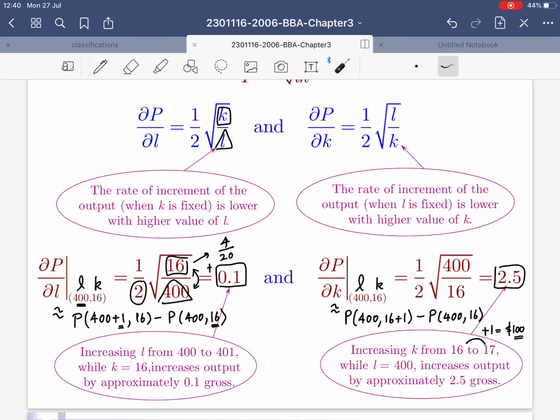So if you have more money, you may say, hey, I'll do it this way so that I keep the labor the same and get more increment in production out of it. But if you say, hey, I don't have money, but I still have more people, then we do it this way. So the derivative of P with respect to L and the derivative of P with respect to K will give you, roughly speaking, what you are going to do with your business. Okay.